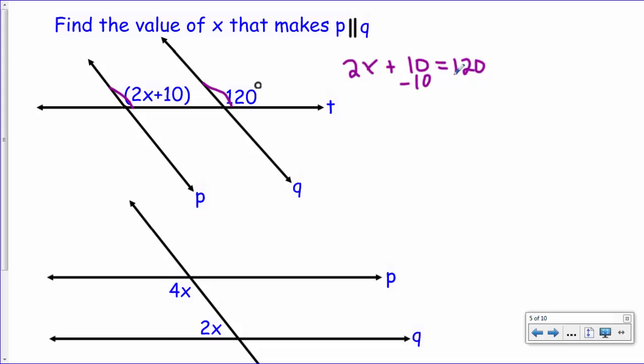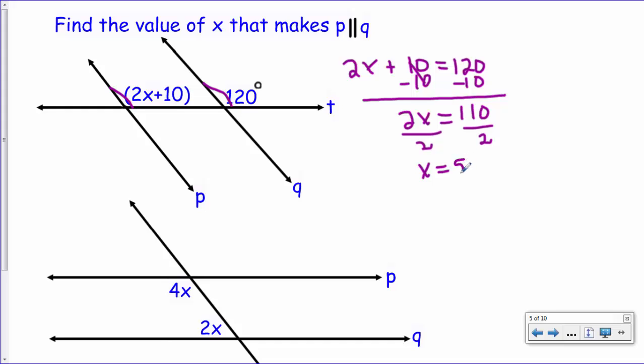I'll subtract 10 from both sides. 2x equals 110, divide by 2, so x equals 55.